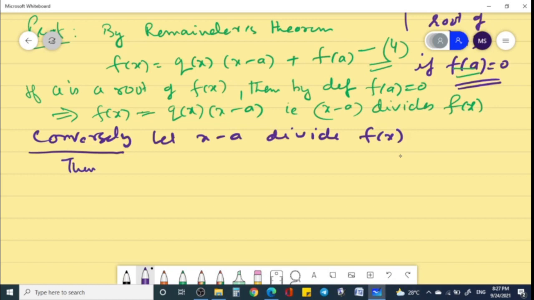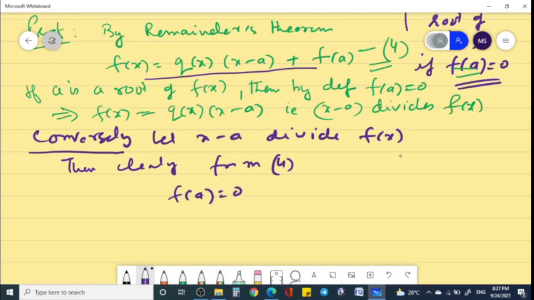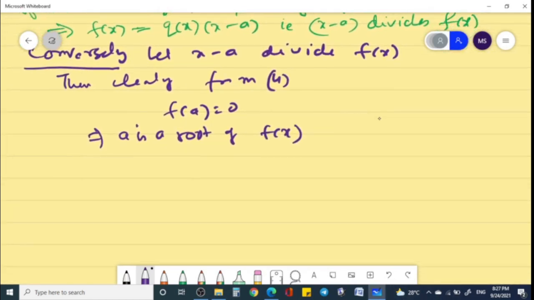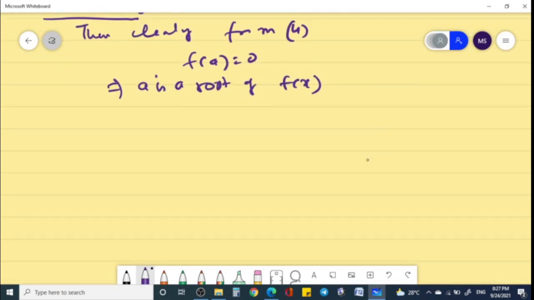Then clearly from expression 4, f(a) equals 0, because if it divides then the remainder must be 0, and that implies a is a root of f(x). So these two results are very easy but have important applications in mathematics, and these applications require division by x minus a.